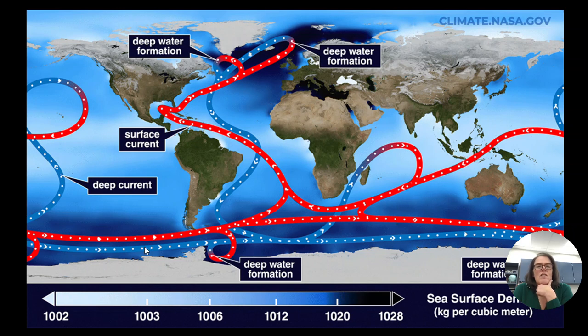It will go all over and end up back where it started. So it really truly is a conveyor belt. And it probably takes on the order of thousands of years to make that trajectory.